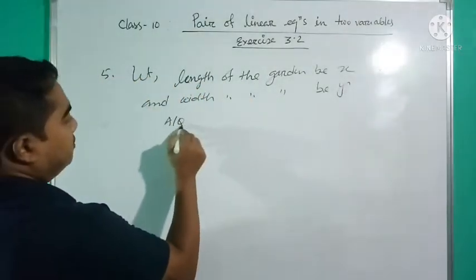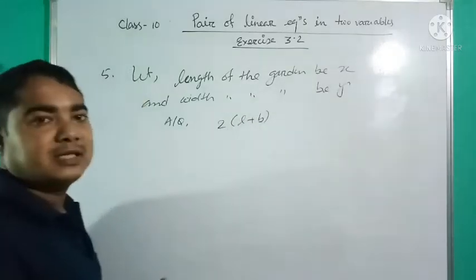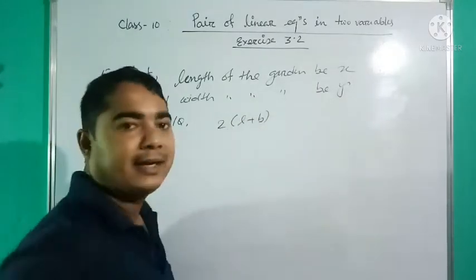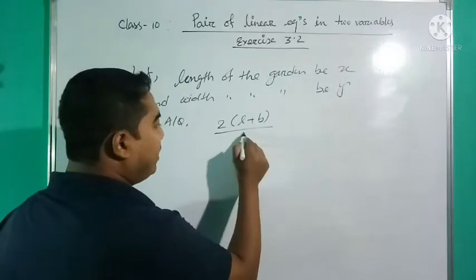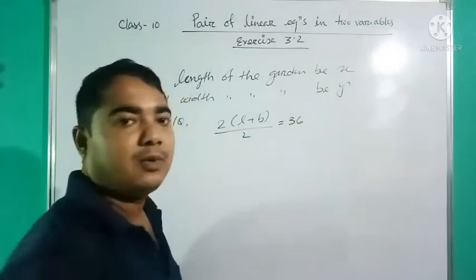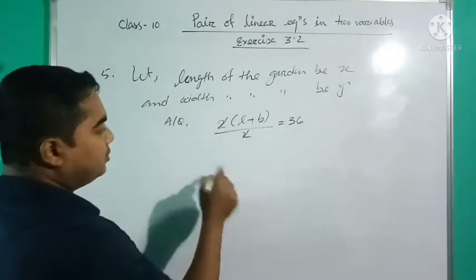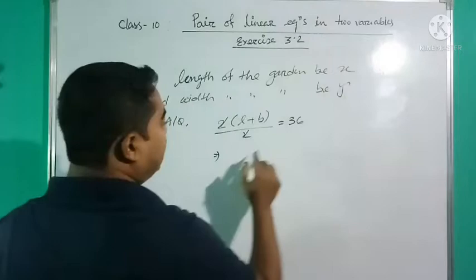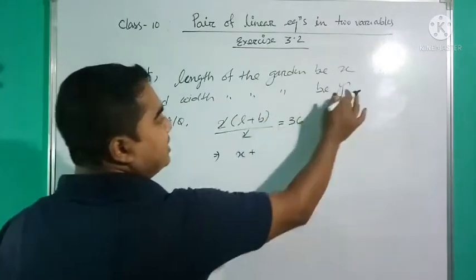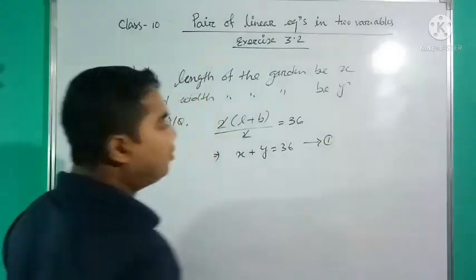According to the question, 2 into (L plus B), we know 2 into (length plus breadth) is called the perimeter of a rectangle. Half means divided by 2 is 36, and 'is' means equals 36. Next we can cancel 2 with 2, then length is denoted by x and breadth is denoted by y, so x plus y equals 36. Call this equation number 1.